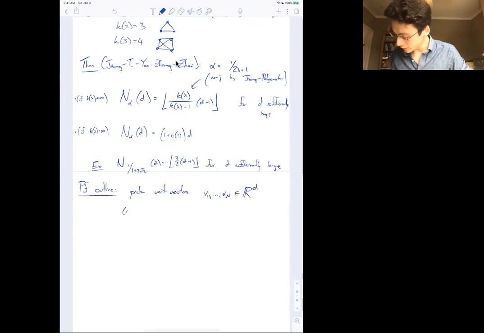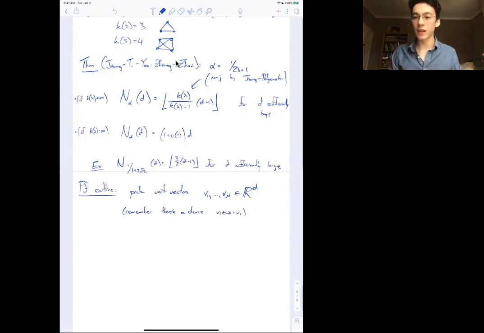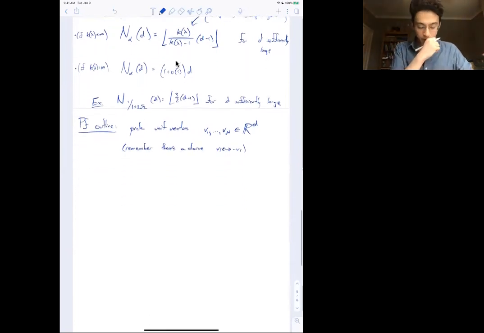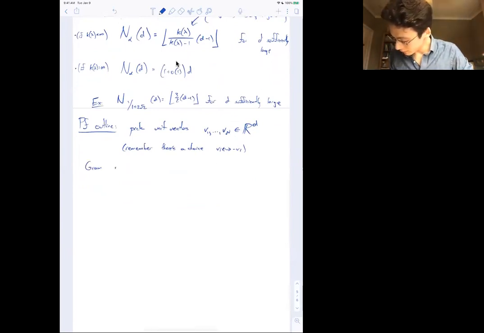And remember that there's a choice: you can pick vi or you can pick negative vi. At this step, it doesn't matter. In the last proof, we didn't use this choice, but in this proof, we're actually going to make use of the fact that we have this choice. So this proof will also have a Gram matrix. So this is just, again, the matrix of all inner products.